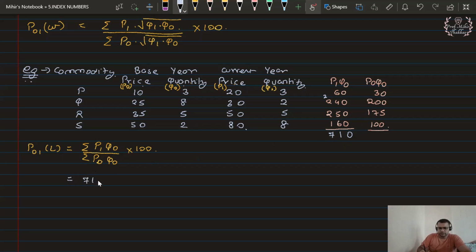For P0 Q0, this value comes out to be 5, 7 and 3, that will give me 10; 2 plus 1 is 3, 3 plus 2 is 5. So I get 505 in the denominator. On solving, you will get 710 into 100 and whole divided by 505.